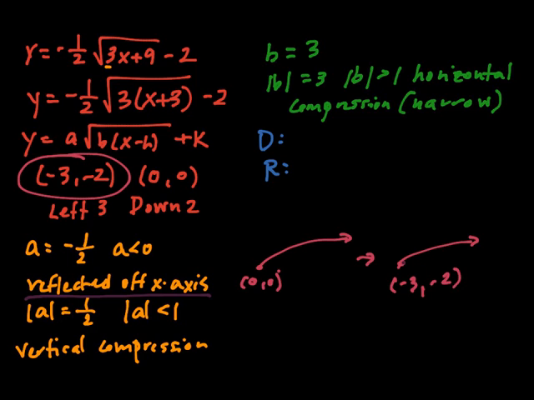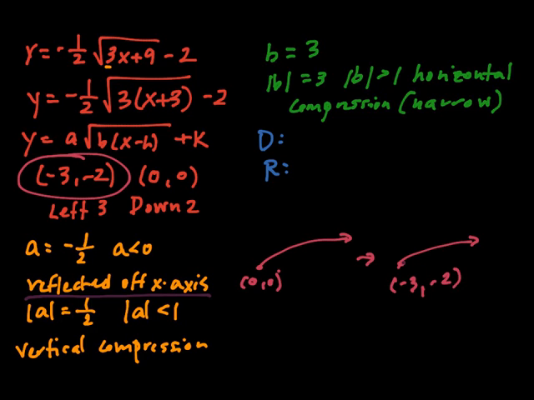You're still going to go up the same way, and you're still going to go down the same way. Or you're still going to go right the same way. You're still going to go left the same way. You may go in a little bit more increments or a little bit less, but it doesn't matter. That's what the vertical compression and the horizontal compression does. It changes the increments that it goes in, but the direction doesn't change.